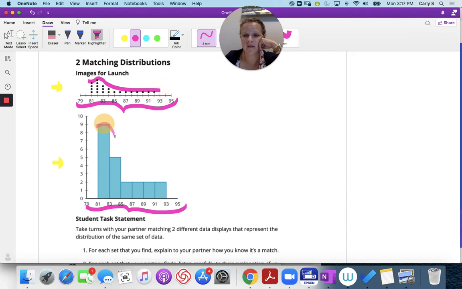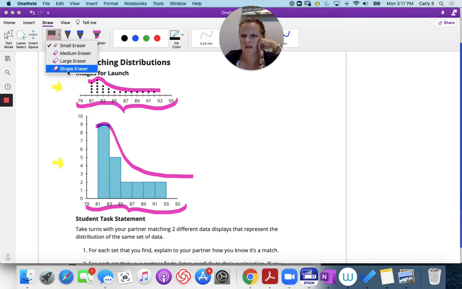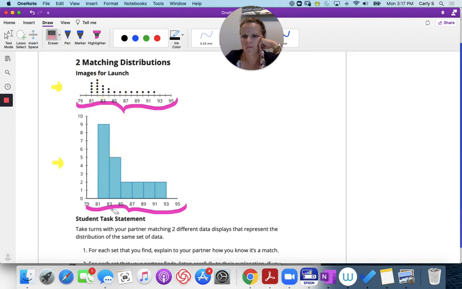And this looks to be skewed. Okay, so it's the same data represented in different ways. Just erasing all the fun stuff.